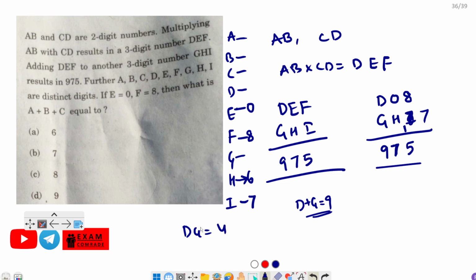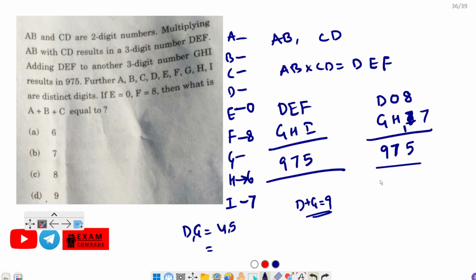D, G can be 4, 5 or 5, 4. 7 and 2 is also possible, but 7 is already taken by I, so not possible. So the only possibility is 4 and 5. DG is 4 and 5.